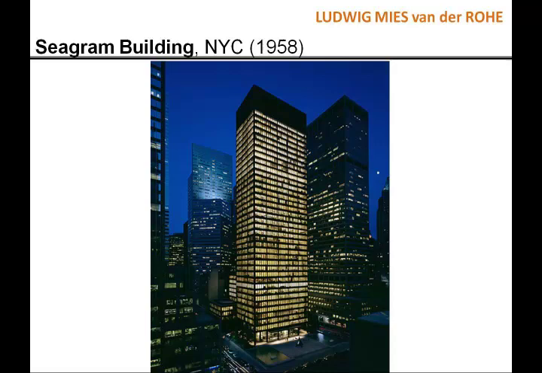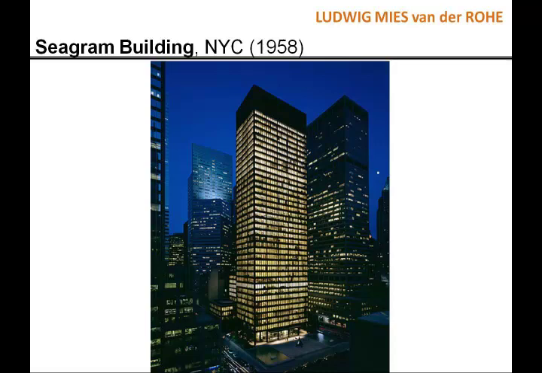Mies's solution set a standard for the modern skyscraper, and the building became a monumental continuity of bronze and dark glass, and it climbs up 515 feet to the top of the tower, which juxtaposes with the large granite surface of the plaza below.